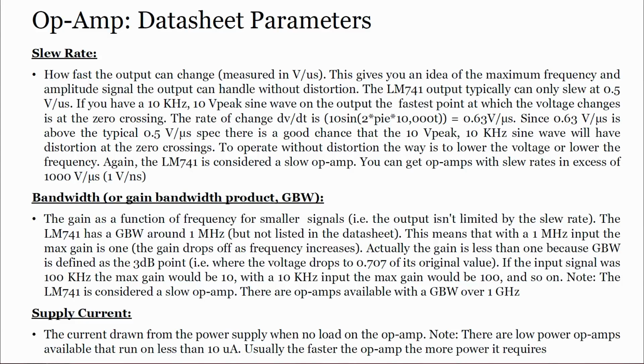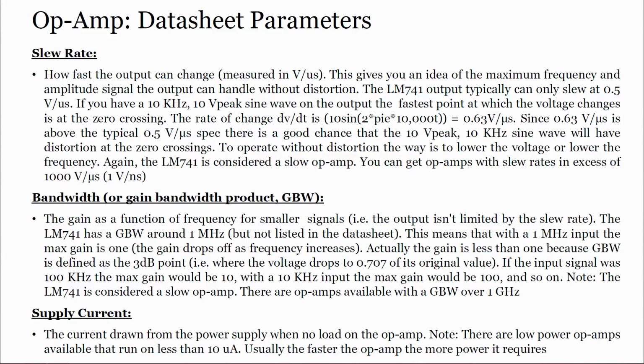The rate of change is dV by dt. So, 10 sine 2 pi into 10,000, 10,000 being 10 kilohertz, equals 0.63 volts per microsecond. Since 0.63 volts per microsecond is above 0.5, there is a good chance that the 10 volt peak, 10 kilohertz sine wave will have a distortion at the zero crossing.